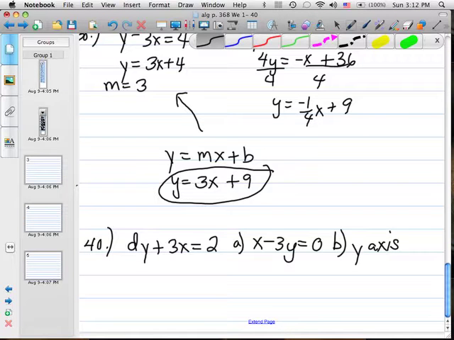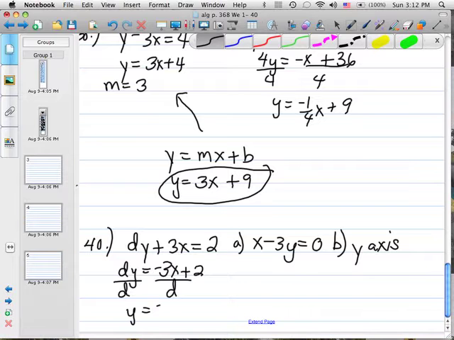So we'll get this equation in slope-intercept form first. So dy equals negative 3x, subtract 3x from both sides, plus 2. Divide by d. So we get y equals negative 3 over d x plus 2 over d.